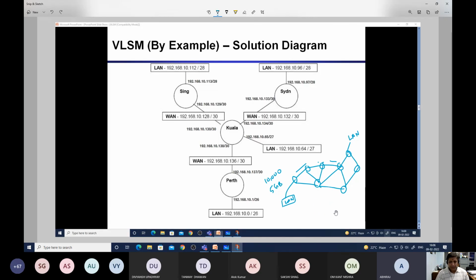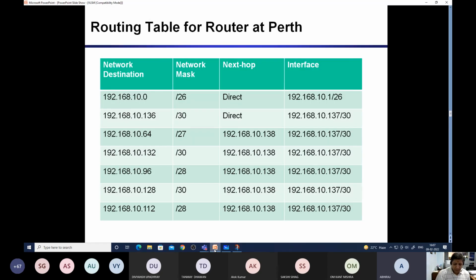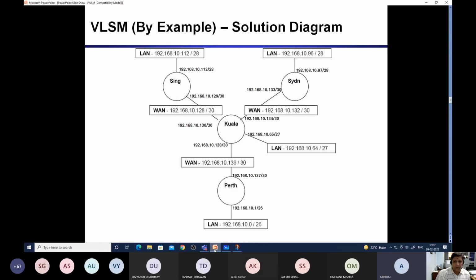Any questions? Any doubts? If there are no questions, then draw the routing table for the Kuala Lumpur router, seeing this figure. 3 minutes.